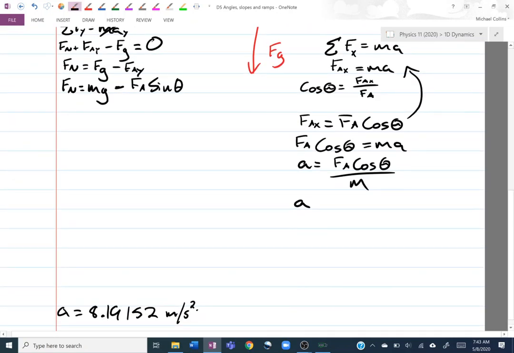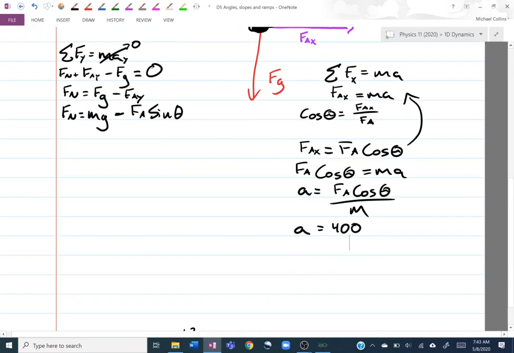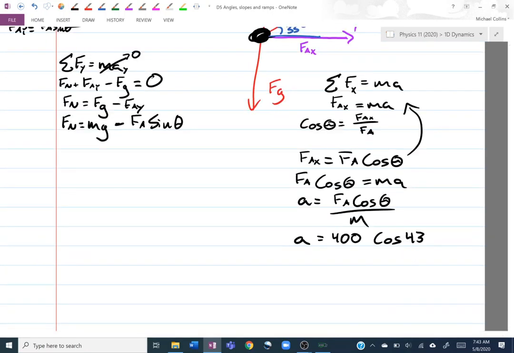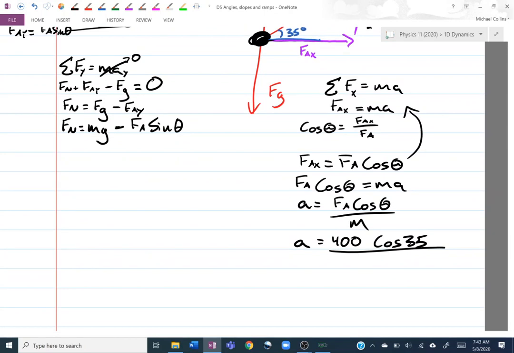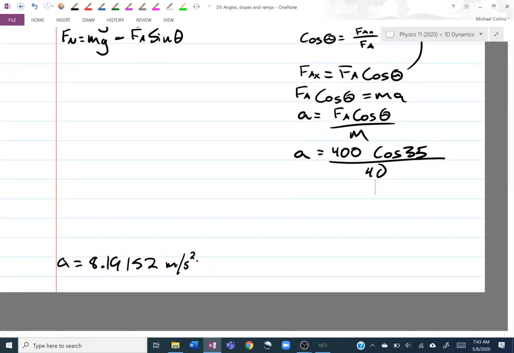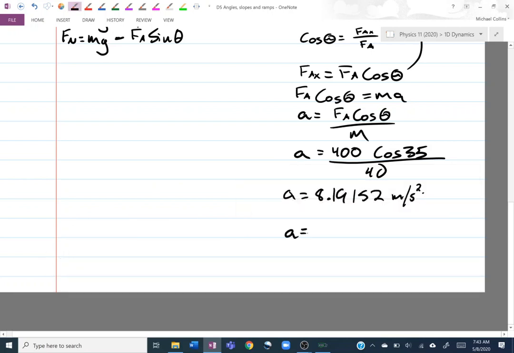I think that was a 400 Newton force times cos 35, no, not 43, that's a 35, divided by my mass, which is 40. And as most of you probably saw, I've got that written down here. So my acceleration in this instance is 8.19 meters per second squared.